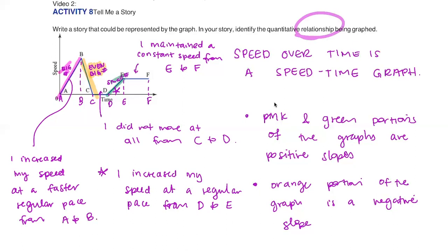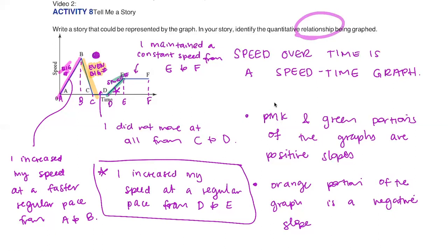Now, the way I'm going to word the orange portion, which let me put a box around the star so it looks separate from everything else. Let's put a big old dot for the orange and we'll write it down here. Now, I didn't increase my speed here because it's negative.